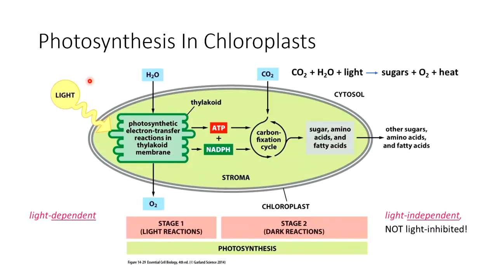So again, the super overall big picture here, you can see the summary chemical reaction, is that in the presence of light, water can be used to create oxygen and also generate ATP and NADPH for the plant cells using the thylakoid membrane. For the dark reactions, this ATP and NADPH can be combined with CO2 to do the carbon fixation cycle. In this way, the plant cells generate sugars, amino acids, and fatty acids. Any questions on that?